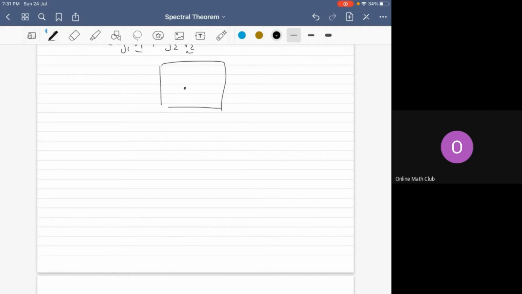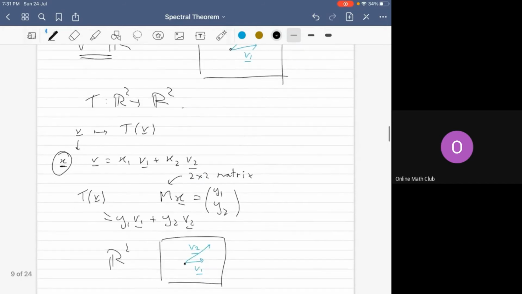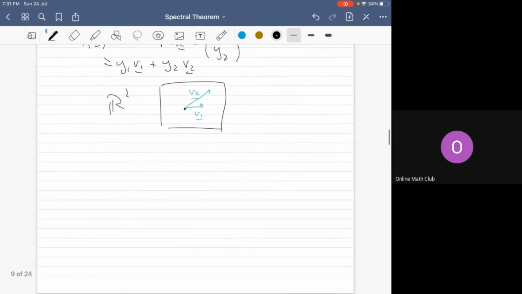So let's say we have R square, and we have a basis V1, V2, and let's say we have a linear transform T, and T sends V1 to, let's say, 2V1.